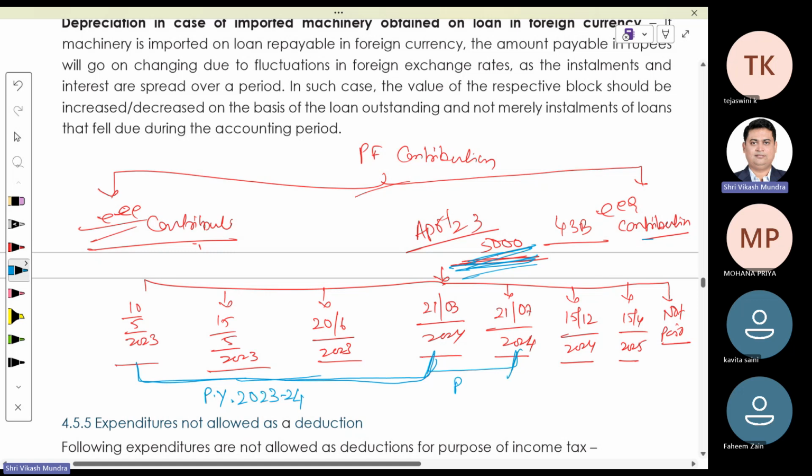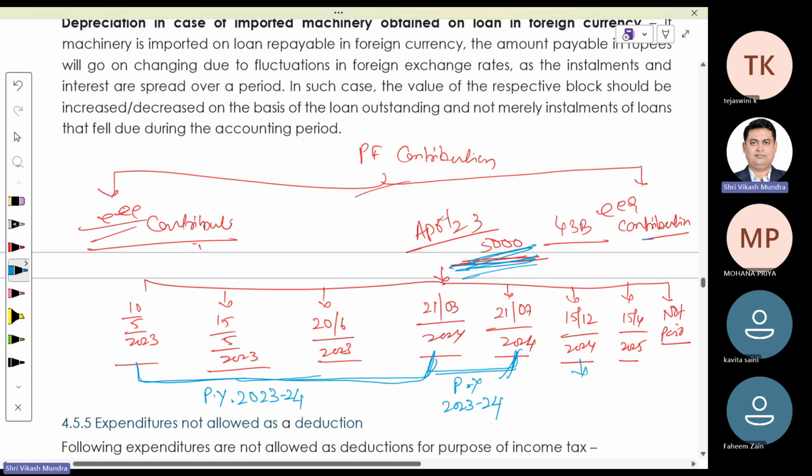Accordingly, in this situation too, the deduction is available in previous year 2023-24. However, once the due date of filing return of income is over, after that, the deduction is available in the year in which payment is made by us.